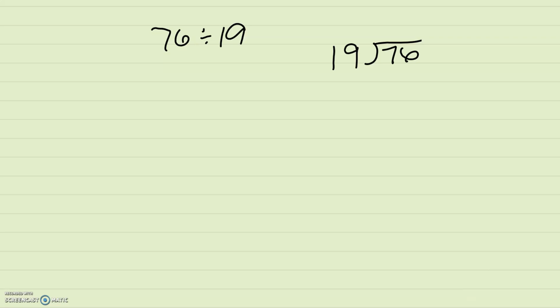So how many times can 20 go into 76? We know that 20 can go into 80 four times, because 2 times 4 is 8. So what if we tried 4?